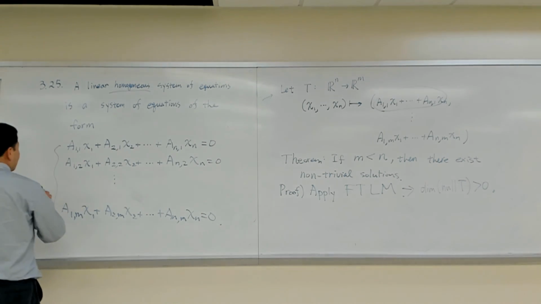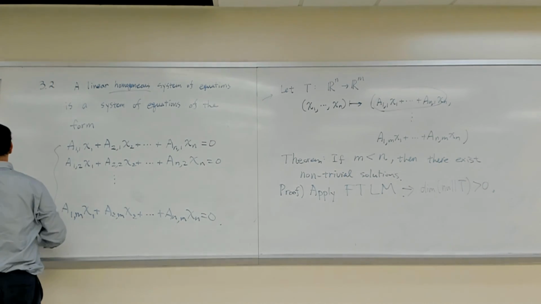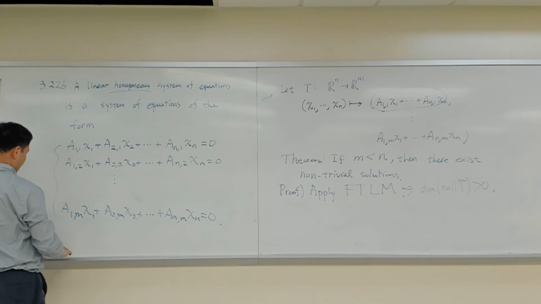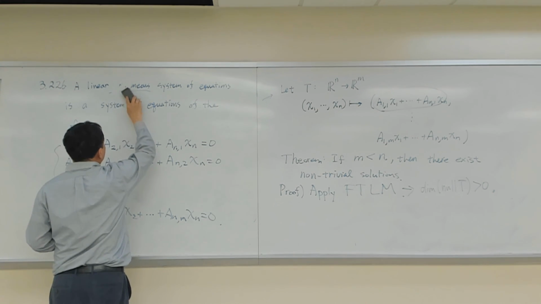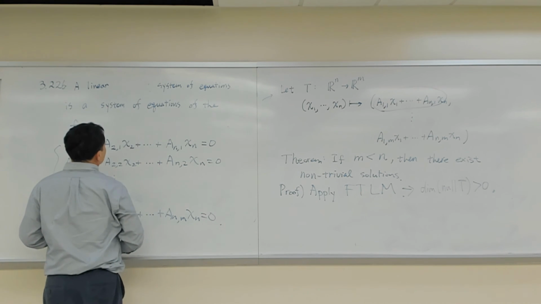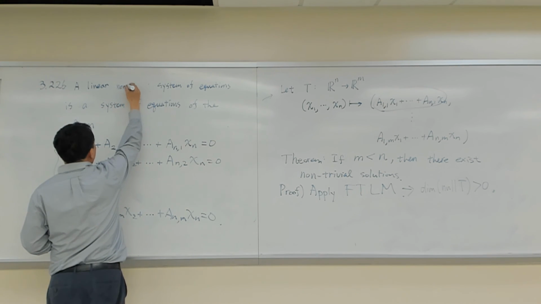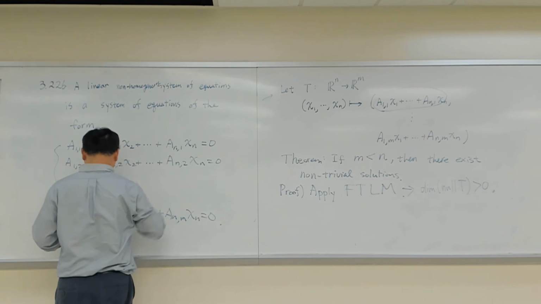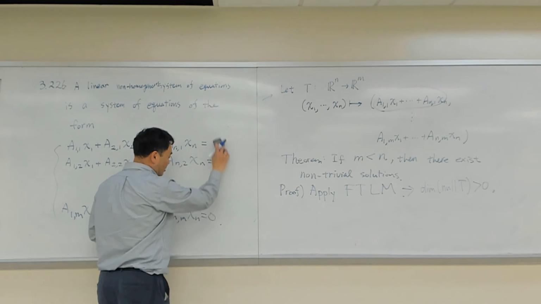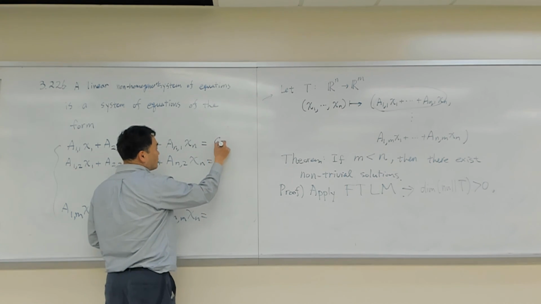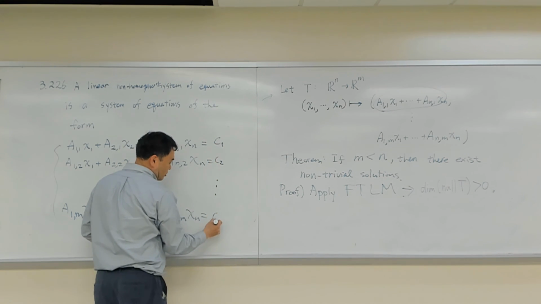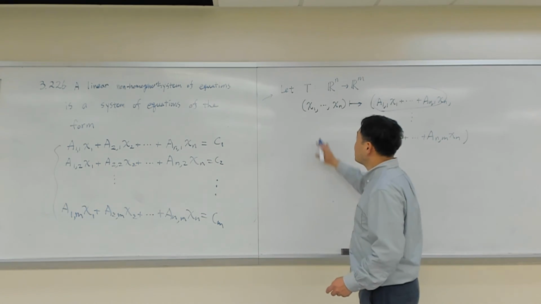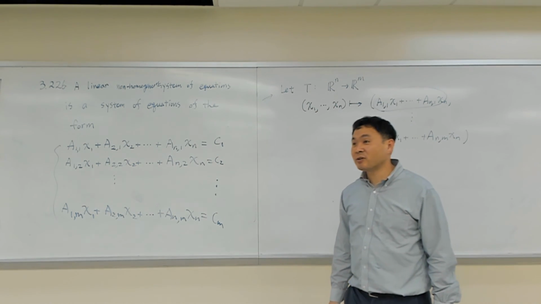Okay, and we can also do it for 3.26. In this case, when you have a non-homogeneous system, on the right side you have C1, C2, Cn. These are the constants. Again, you work with the same linear map.